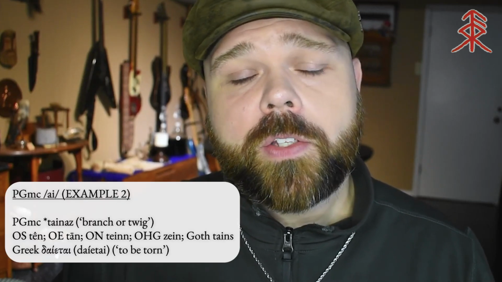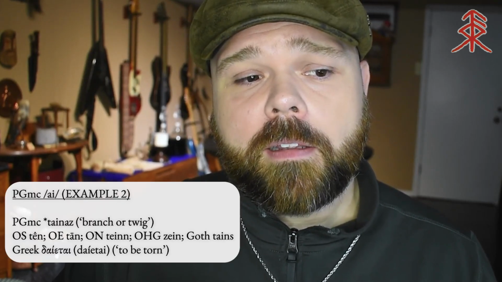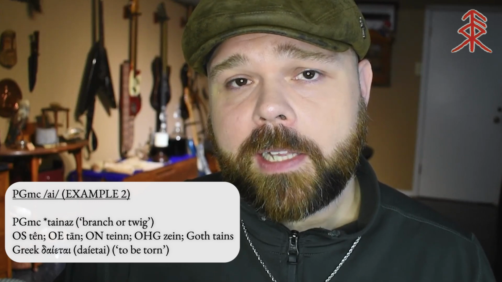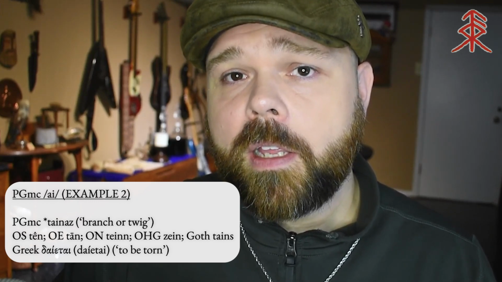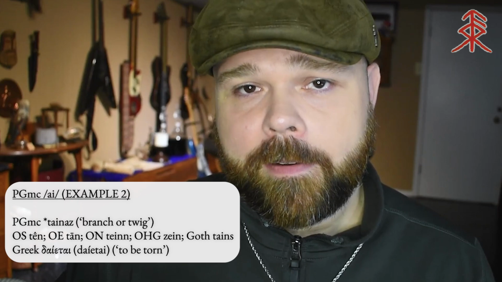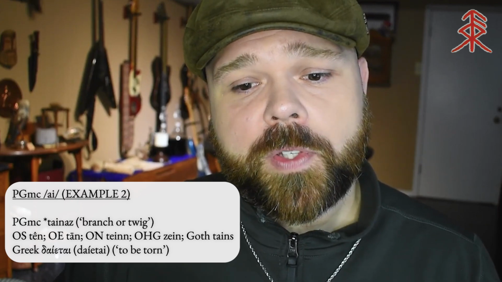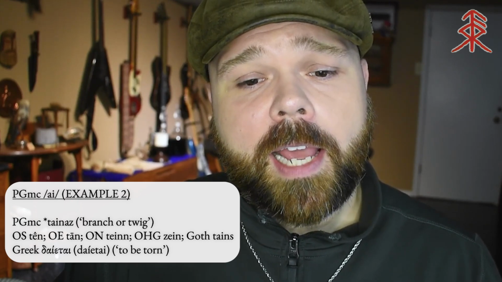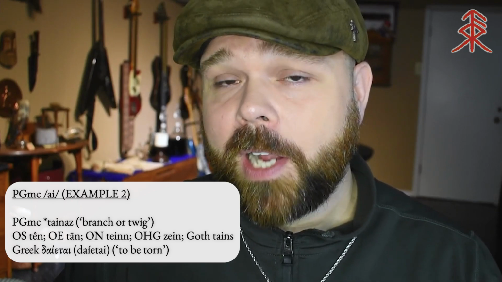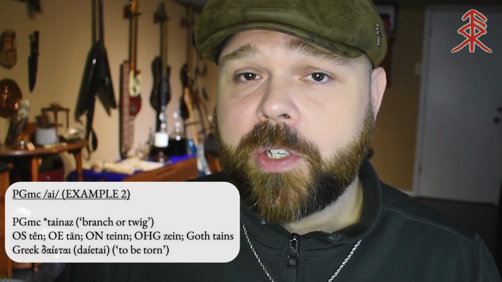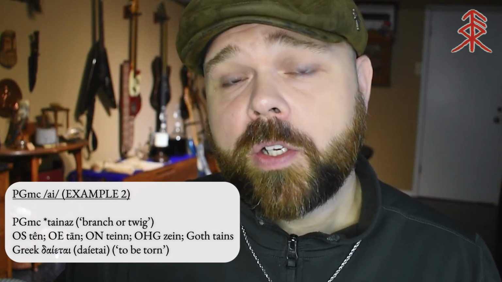All right, and so our next one is going to be tainas. So you'll see that the AI is going to systematically again shift to a long E in Old Saxon. So we have tain. You will see that the AI will systematically shift to a long A in Old English, which is why we have ton.